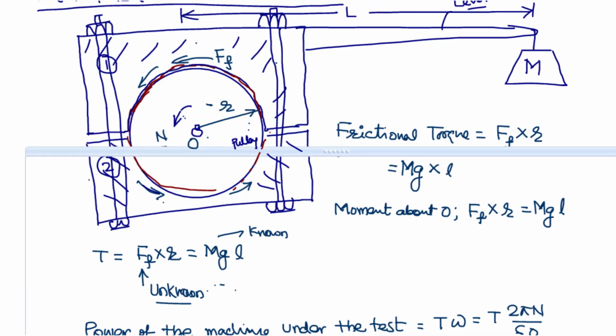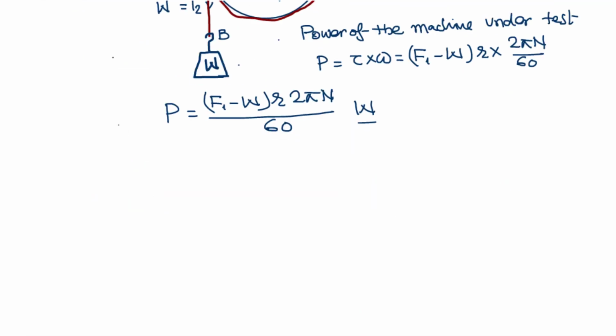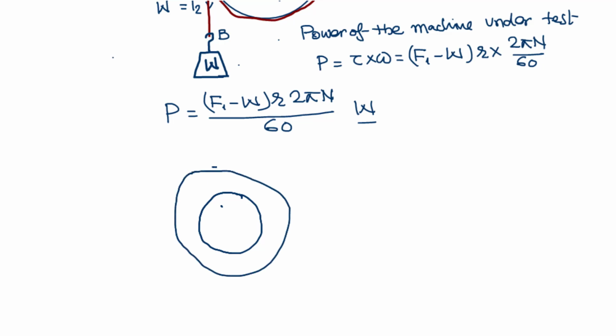The frictional force which is applied on pulley is by hydraulic fluid. In this, this is rotor, which is inside the casing, and it is connected to lever.